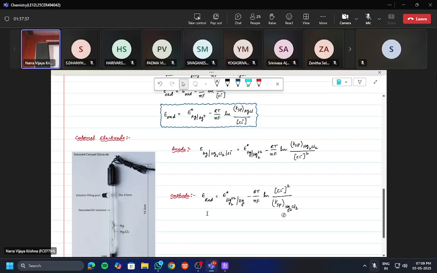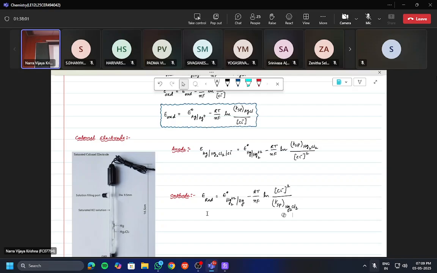For example, I think your target booklet is given. Go to page number 127. Page number 127, 128. Metal oxide hydroxide. Correct. In page number 127, see the last one. What is the first one? Metal ion electrode.